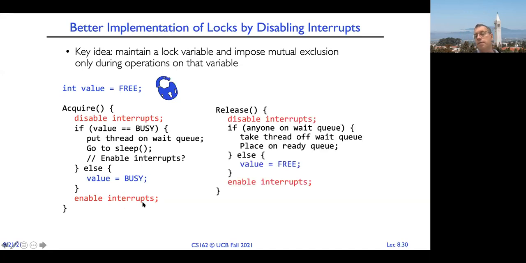And for release, you disable interrupts. You look if there is anyone on the wait queue waiting for the lock. If there is, you give the lock to one of the threads from the wait queue, and you place that thread on the ready queue, so that thread can execute the critical section. If there is no one on the wait queue, the value is free, and you enable the interrupts.